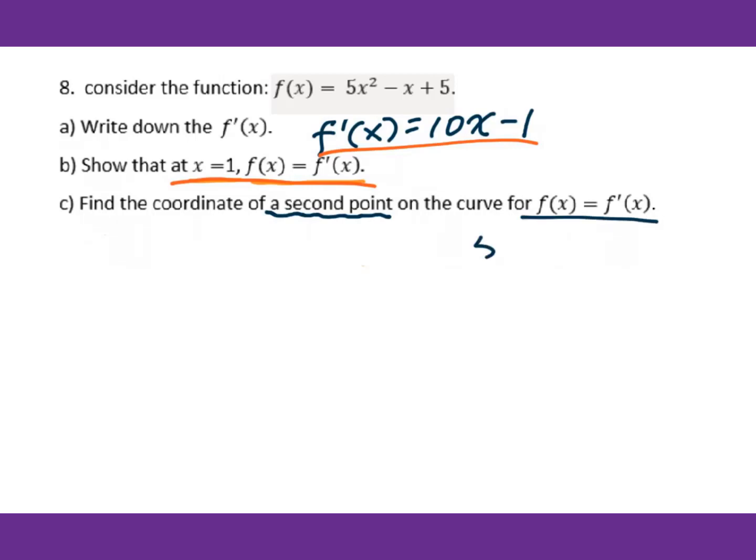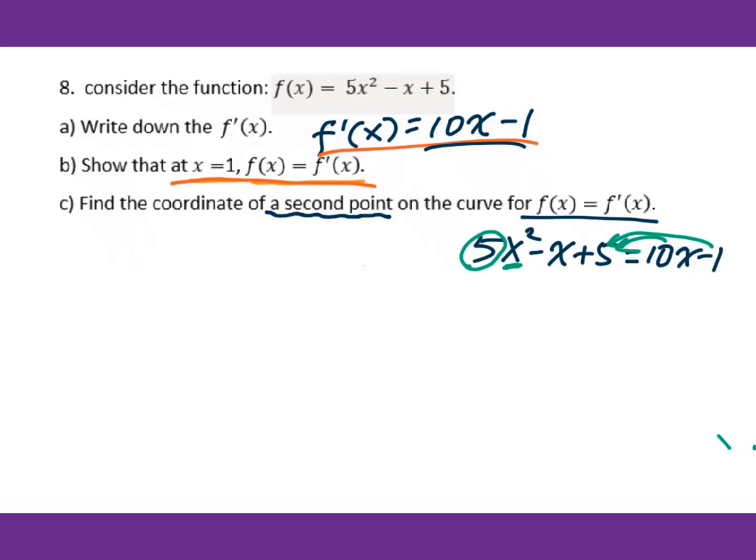f of x equals 5x squared minus x plus 5. For f prime of x, that is here, 10x minus 1. You know this is a quadratic equation, so we need to get it equal to 0. Check the coefficient of x squared is positive.